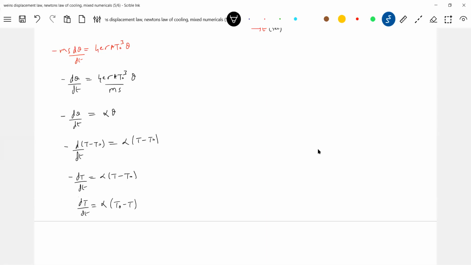This is the law for cooling of an object. So what is this? The rate at which temperature decreases is directly proportional to the temperature difference between the surroundings and the body, where T is the temperature of the body. This is a negative sign. Let it be here.